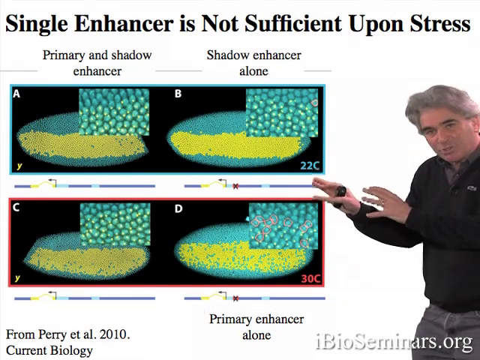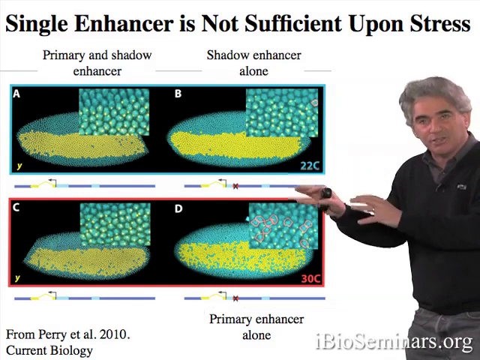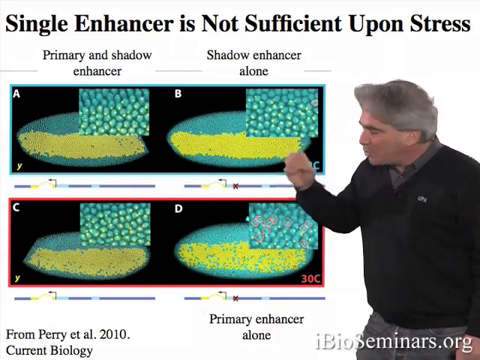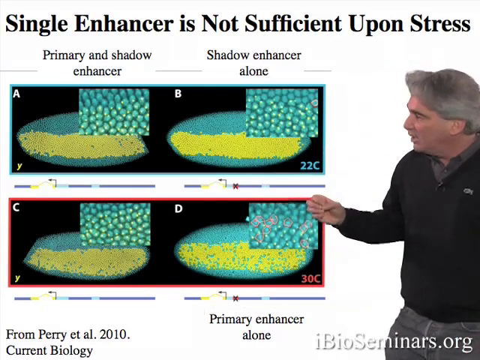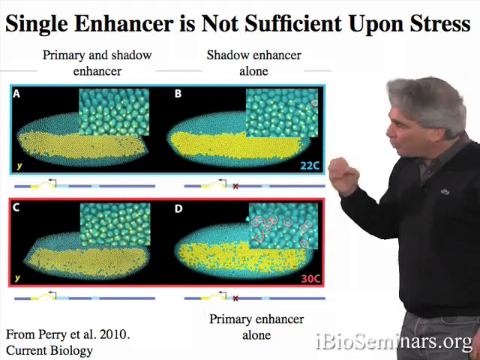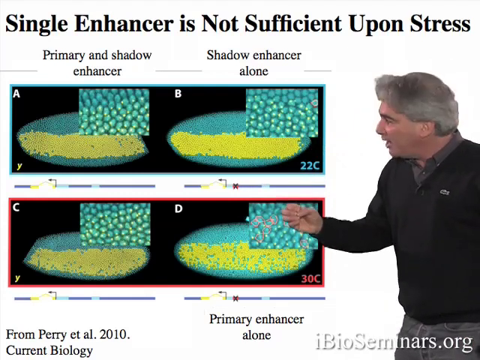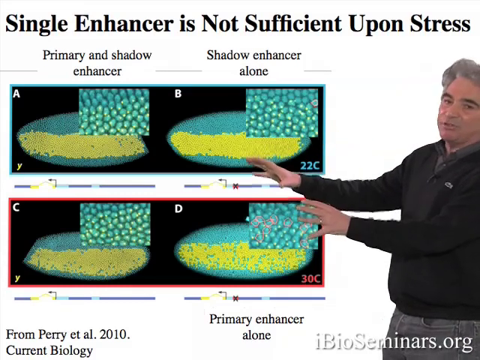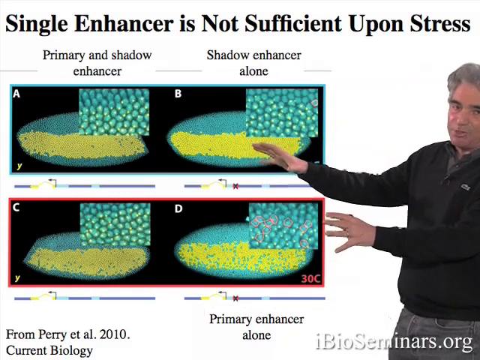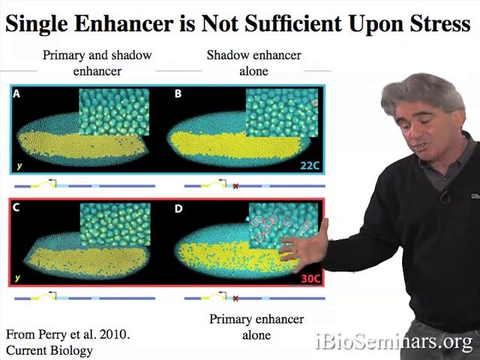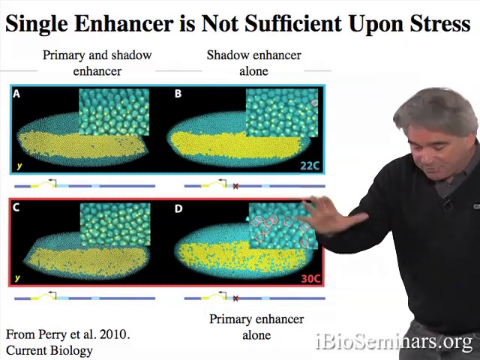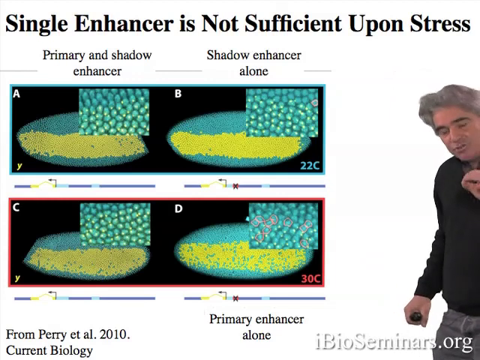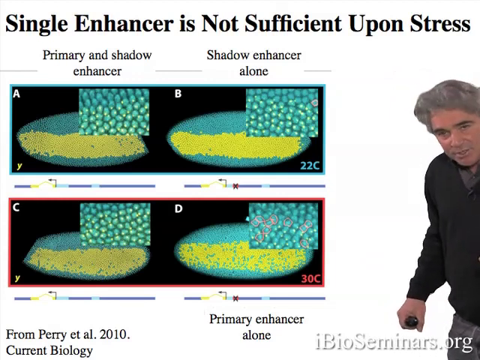And so these types of experiments, and we've done many more like this, suggest that the shadow enhancer helps ensure that critical patterning genes like snail are turned on in the right place at the right time in embryo after embryo in large populations of embryos subject to both environmental variation, such as increases in temperature, and also genetic variation, which is a common feature of natural populations. So the shadow enhancer helps confer robustness.